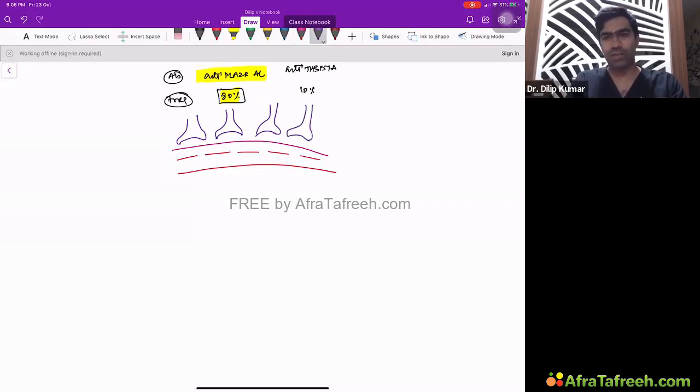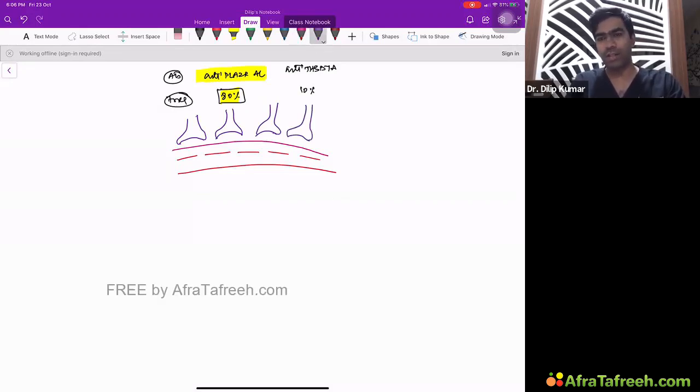We know these antigens, for example the PLA2 receptor antigen, the phospholipase A2 receptor, or THSD7A, are basically present on the foot processes of podocytes only.